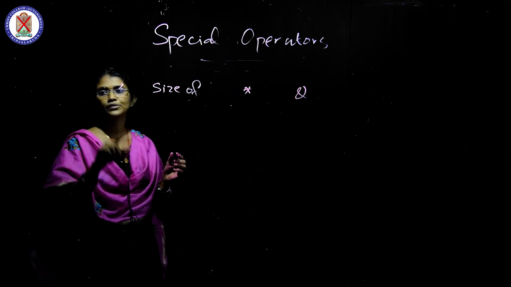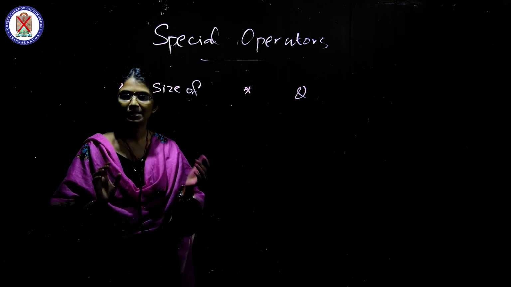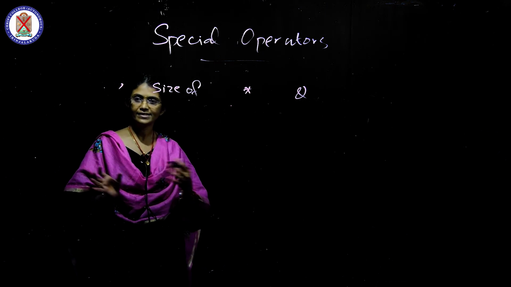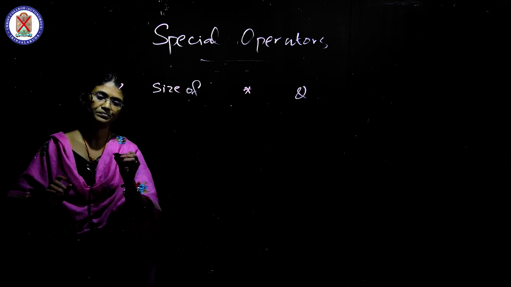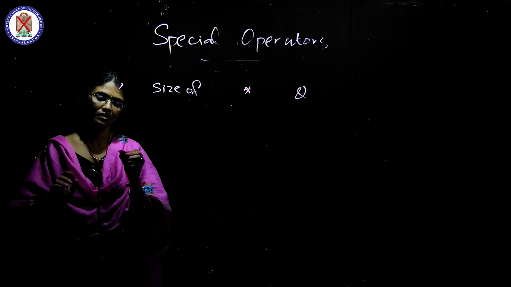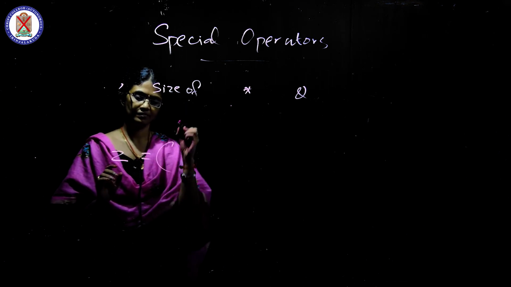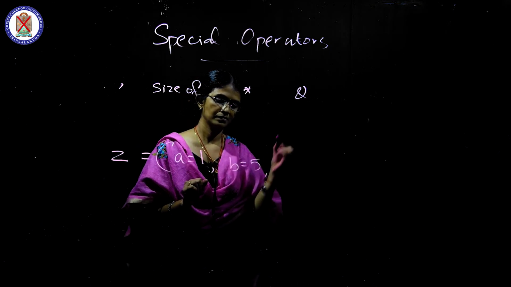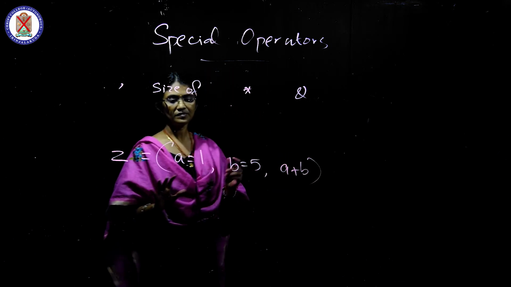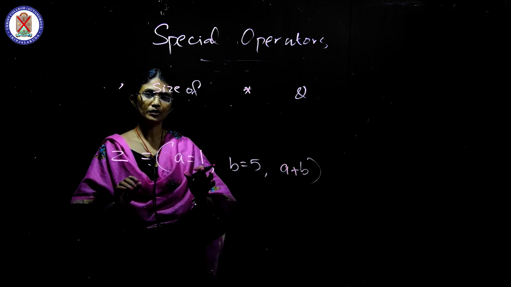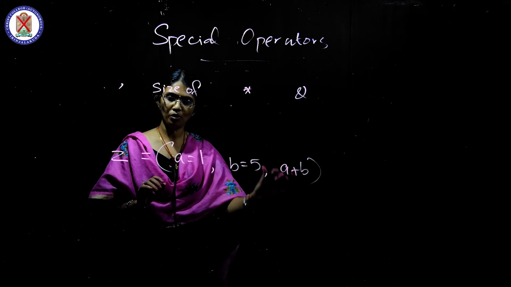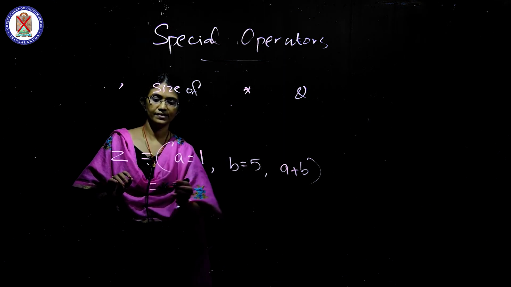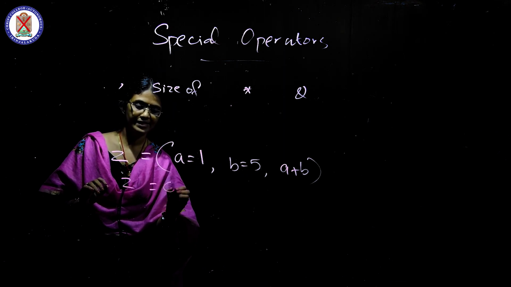The comma operator is used for separating expressions or separating variables, etc. For example, we have this, we separate these expressions with a comma. Then its value will be 6, z equal to 6.